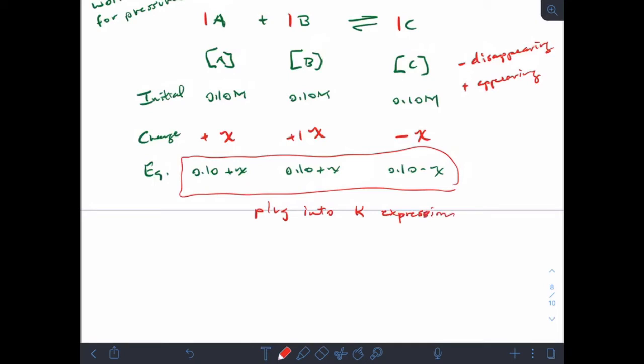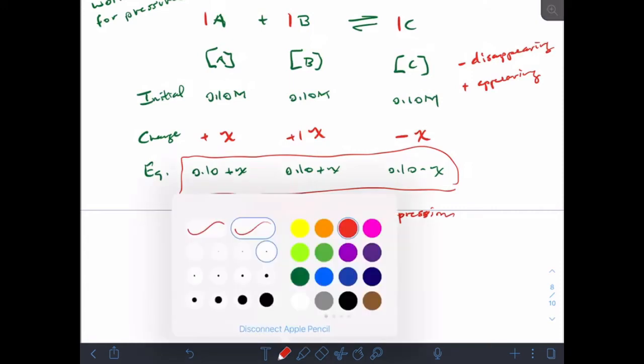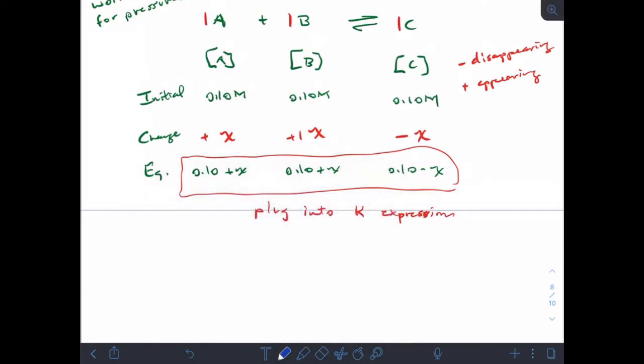Okay, again, I apologize for my handwriting. Right, so K, let's make this a different color. So K was C over A and B, right? So if I plug these in to that expression, the value of K was 4.